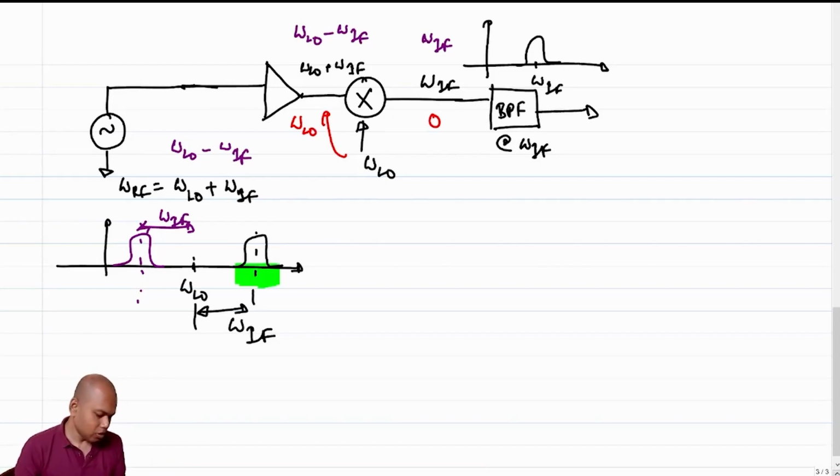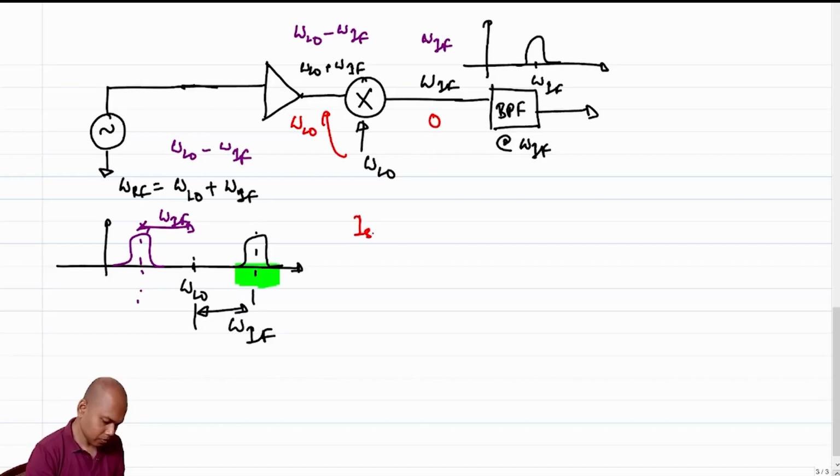So, okay, then you might say easy peasy. What is the solution? The solution is to ensure that this guy does not even come in. So let me write down this part also.